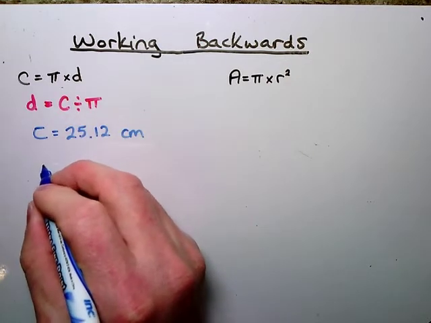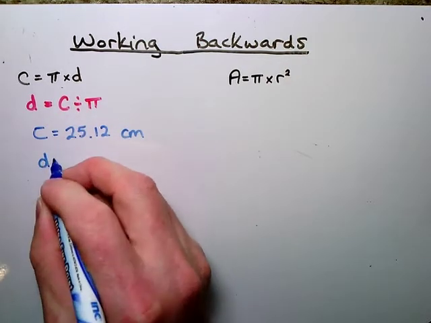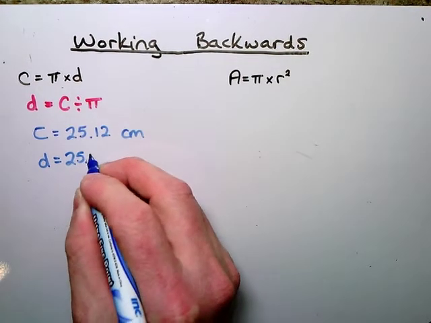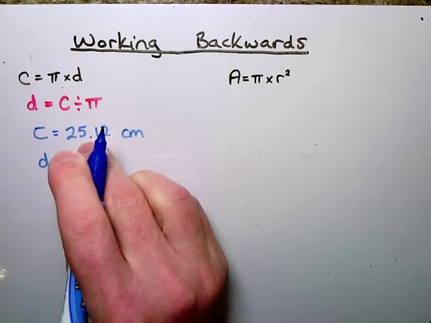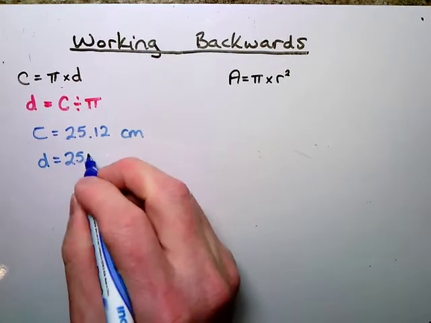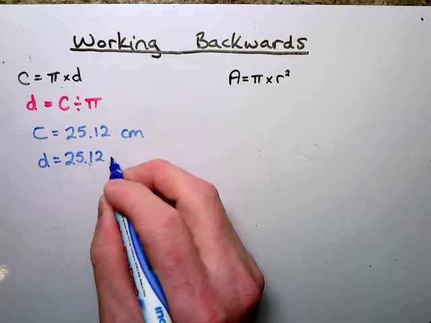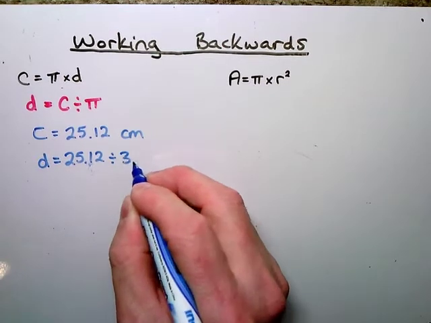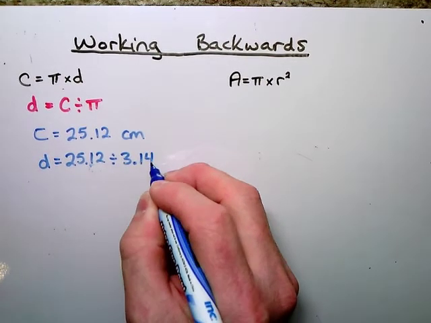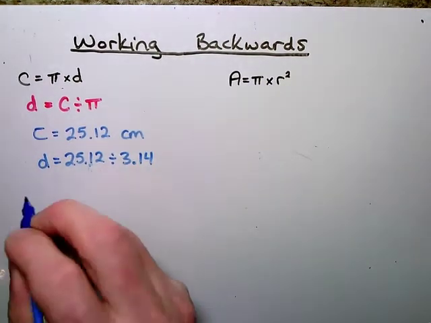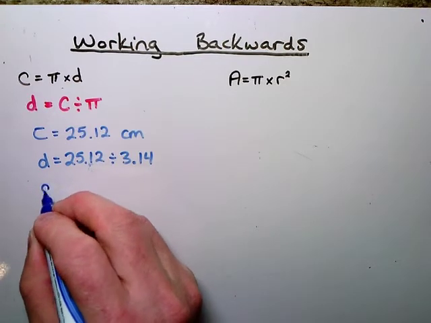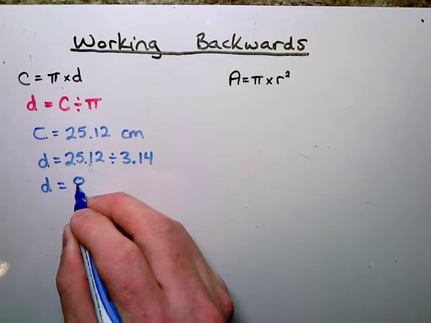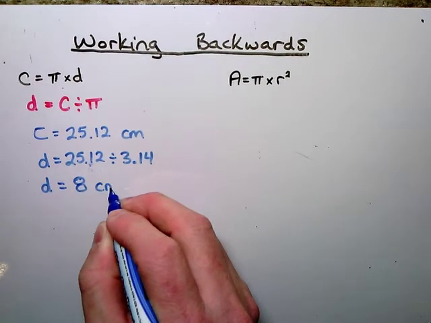Well, just as we showed you there, the diameter is equal to the circumference, 25.12 divided by pi, which we'll say is 3.14. And if you get your calculator out and try that out, you'll find out that the diameter is going to be equal to 8 centimeters.